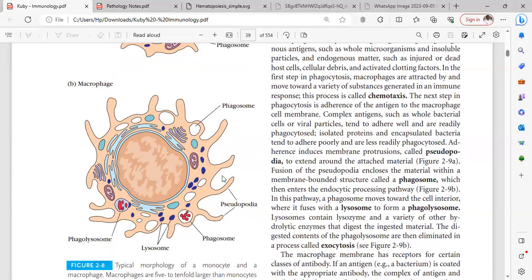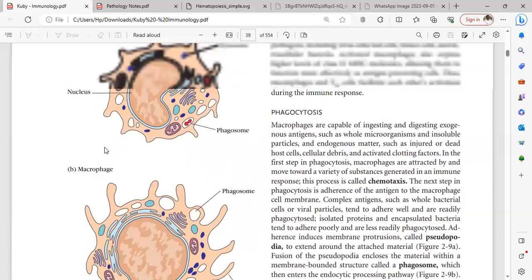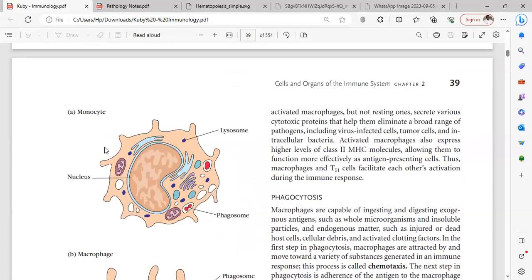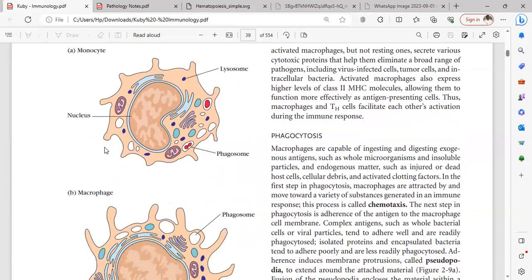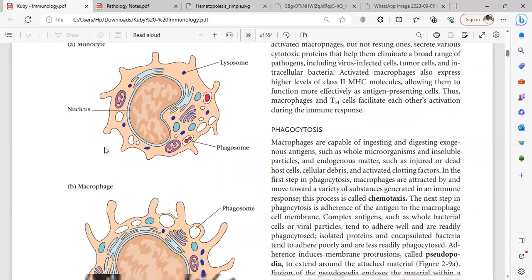And then the macrophages have different functions. As you've seen, one of them is phagocytosis. It is also used in wound healing, muscle regeneration, and it's part of the adaptive immunity. We have gone through phagocytosis.